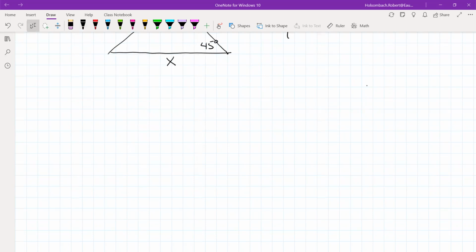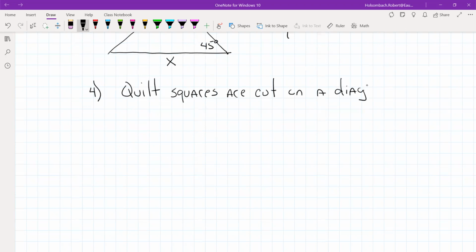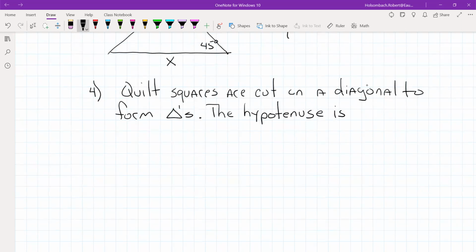We got problem number 4. Quilt squares are cut on a diagonal to form triangles. The hypotenuse is 20.